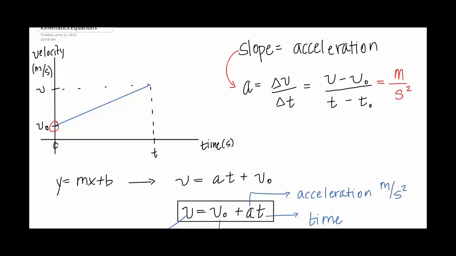So let's segment it into pieces. So from the blue line all the way down to the time axis, that area would be the change in position, delta x, for the object.